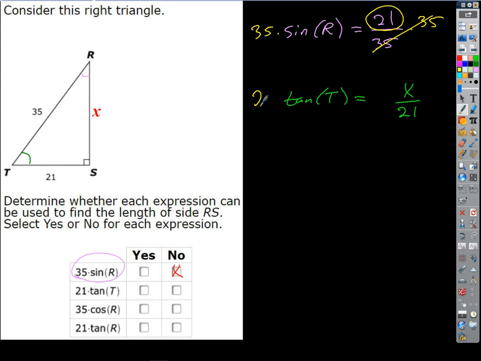If we multiply both sides by 21, I do get X, right? So X is equal to 21 tangent T. So that one is a yes. That expression would allow us to find the length of X, right? Okay, make sense? Yes. Okay.